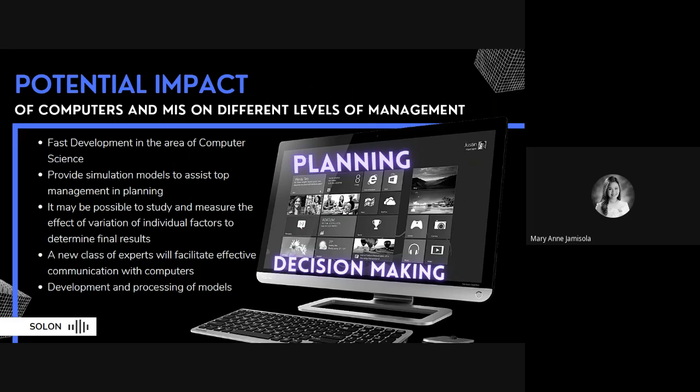It is believed that in the future, computers would be able to provide simulation models to assist top management in planning their work activities. For example, with the help of a computer, it may be possible in the future to develop a financial model by using a simulation technique, which will facilitate executives to test the impact of their ideas and strategies formulated on future profitability and in determining the needs for funds and physical resources.